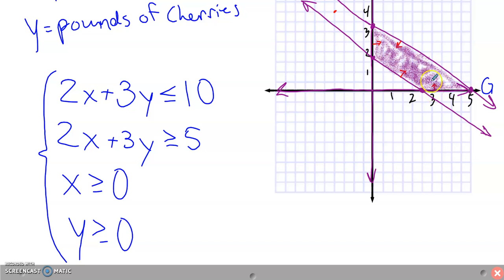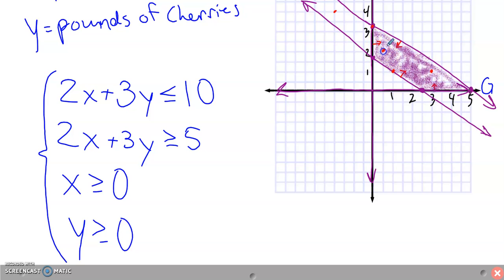So if we find a point like right here, that's the point where I bring 3 pounds of grapes and 1 pound of cherries, and that fits these constraints. I could also do this point right here, which I think I said was 3 1/3 pounds of cherries and no pounds of grapes. Or I could even do this point right here, which is 1 pound of grapes and 1 pound of cherries, and you'll notice it's right on this line because I would be spending exactly $5.